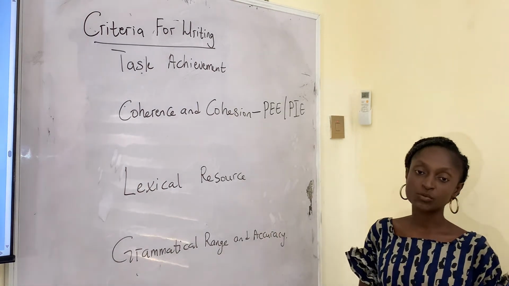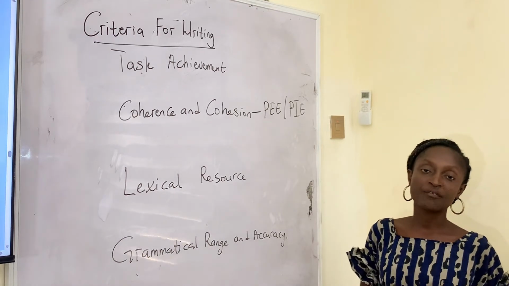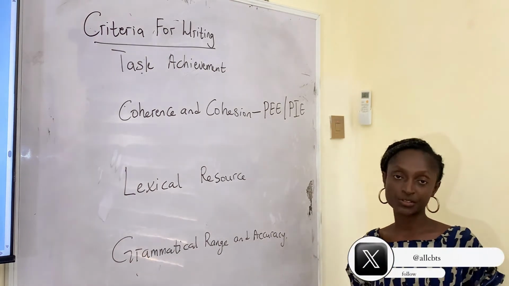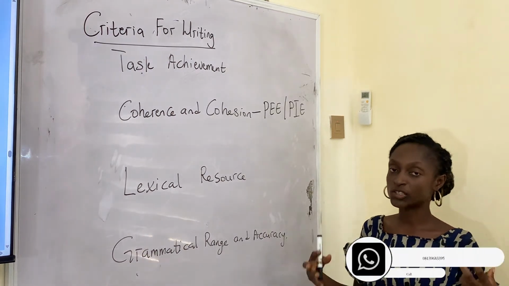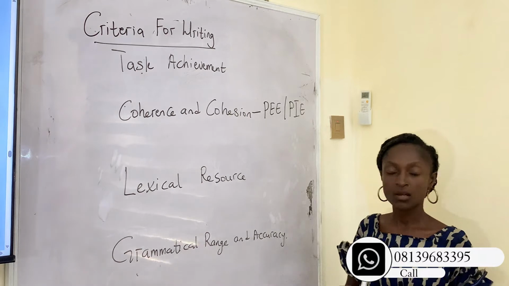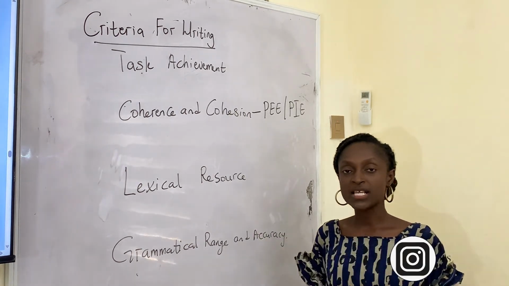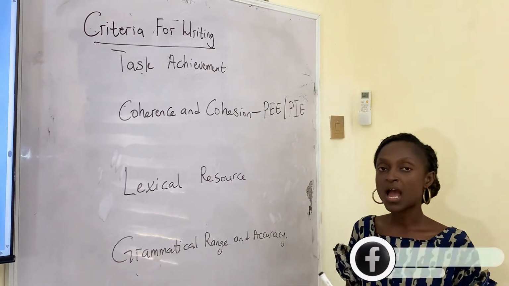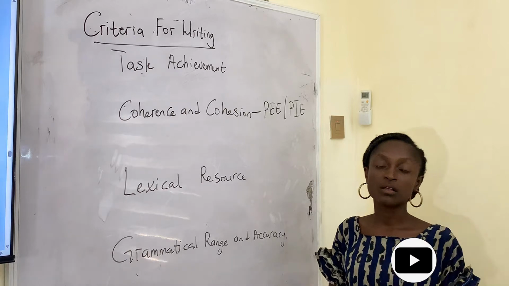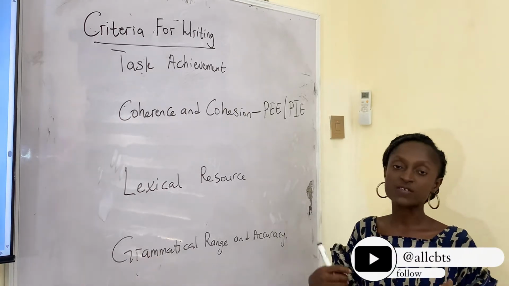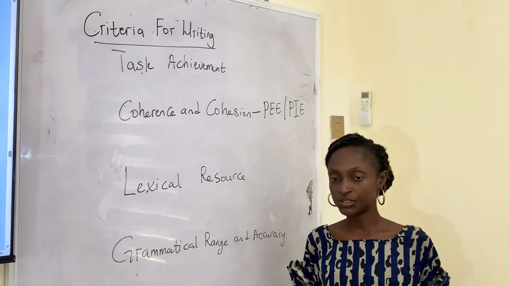Now the first part, which is grammatical range, is measuring the use of different sentence structures or patterns. What does that mean? It simply means your letter is being measured to see how you are able to manipulate and make use of the different kinds of sentences that we have in the English language.